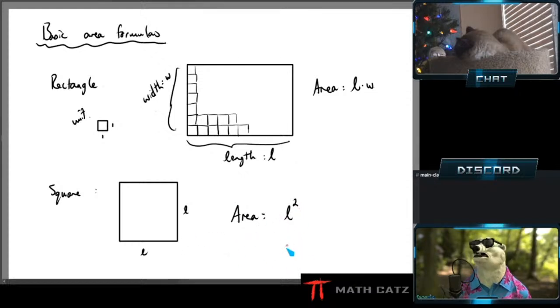Call it S for side length, call it whatever you want. It's still the formula. It's no different because a square is a, excuse me, I got all choked up about the square. It's so beautiful, so simple. It's just a simple rectangle, so the formula would, of course, fit with that more general formula.